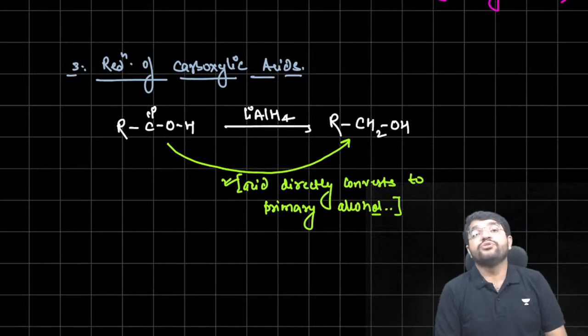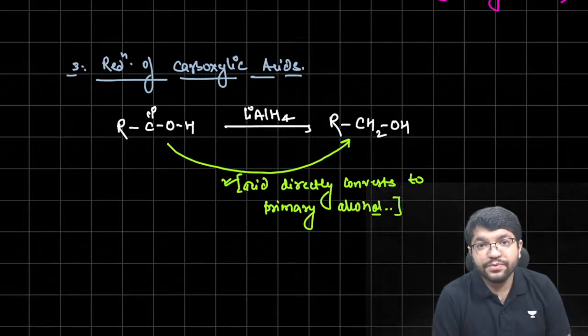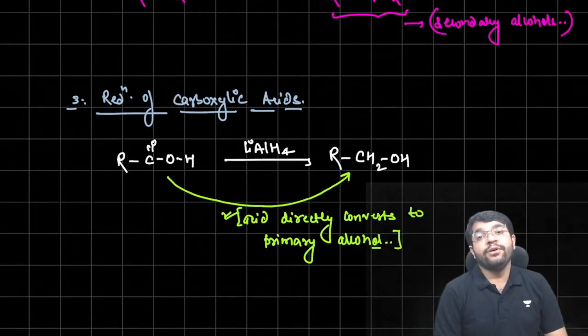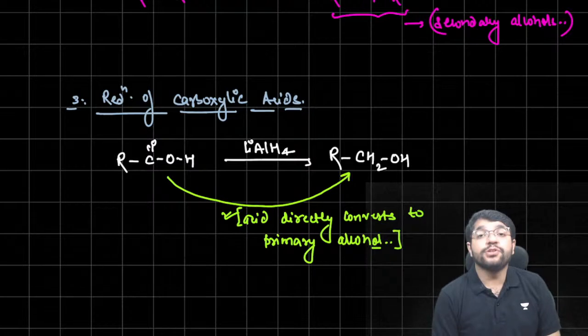Acid directly converts to primary alcohol. Right? So this is going to be my third preparation of alcohol, from acids.